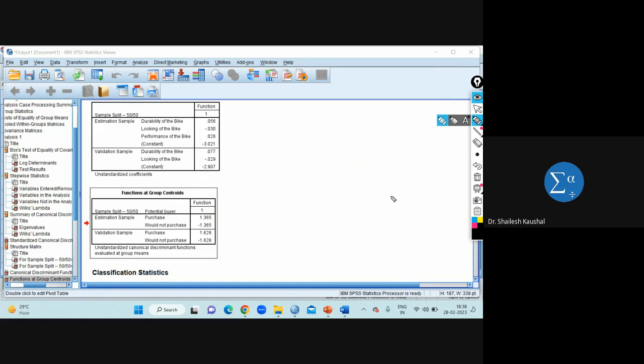The range is minus 1.365, this is 0, and this is plus 1.365.